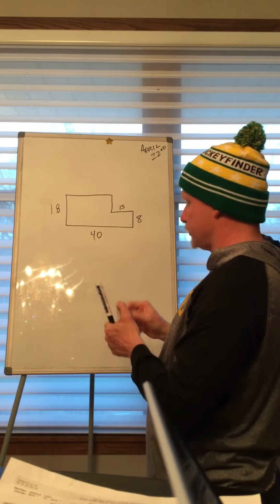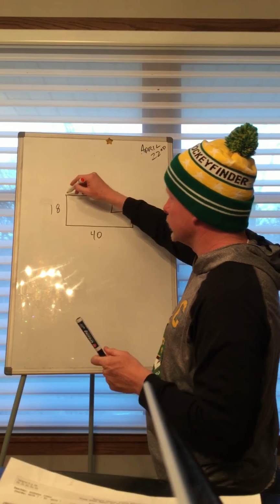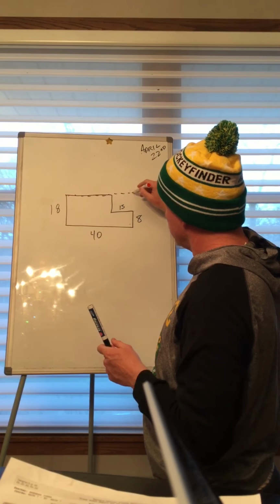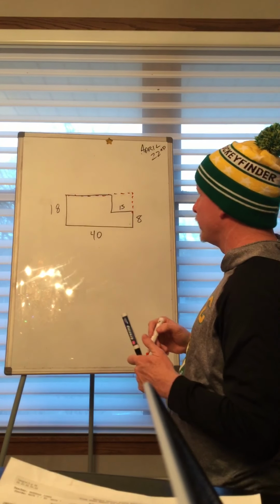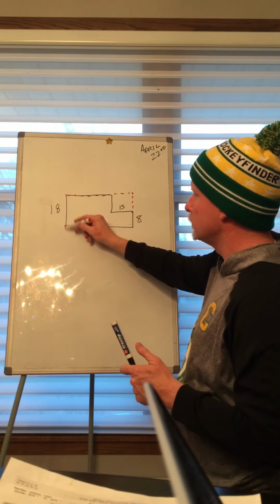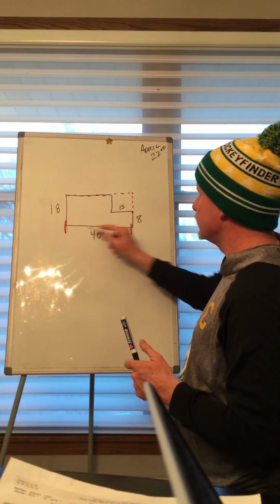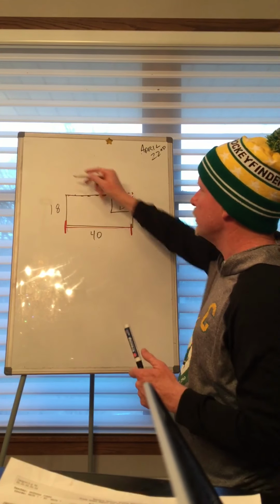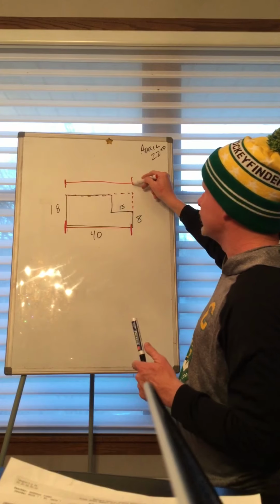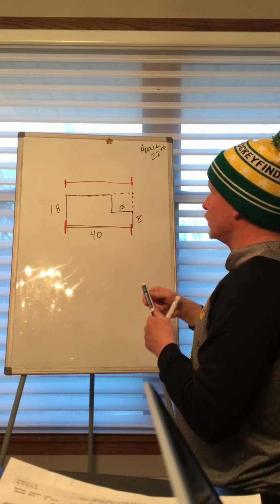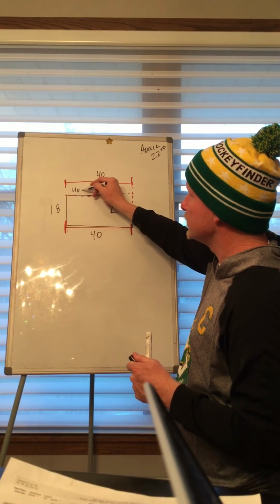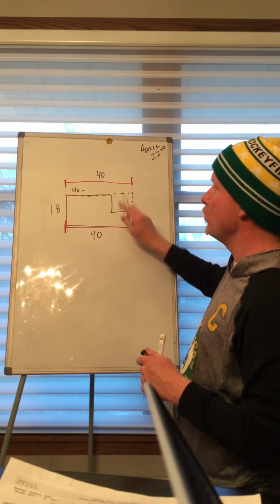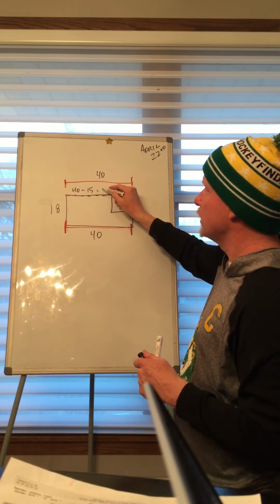So you could visually see this as a rectangle, if you'd like. Let's say that's a base of an irregular shape. Well, I know that this is 40. So I also know that that is 40. So this unknown piece would be this 40, take away what I know is 15, and I get 25.